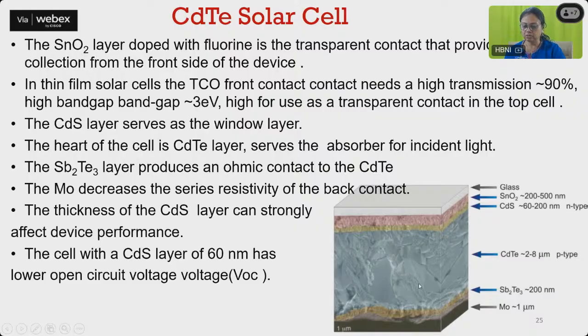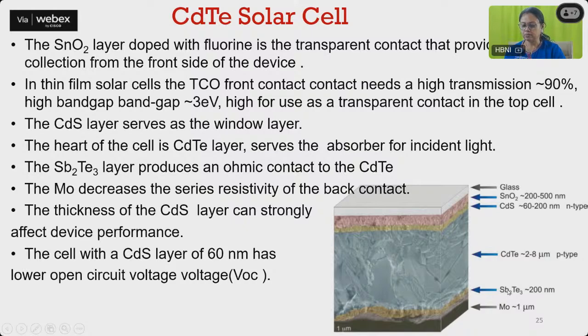And this is the p-type and cadmium sulfide is the n-type. Then the antimony telluride layer produces an ohmic contact on the cadmium telluride, because we have to collect the holes from this side and the electrons from the other side. So we should have an ohmic contact with the cadmium telluride.